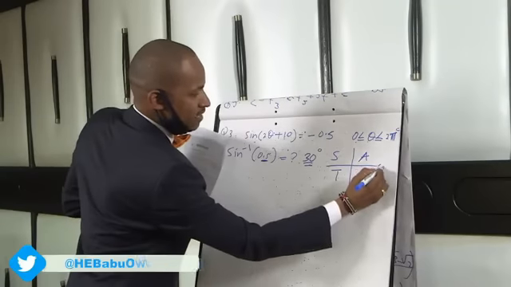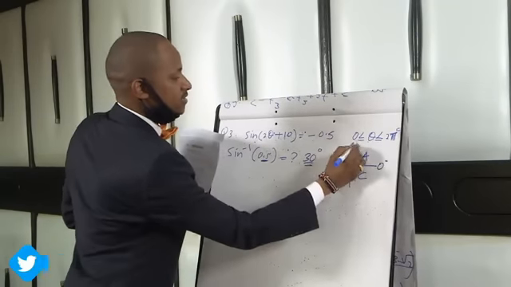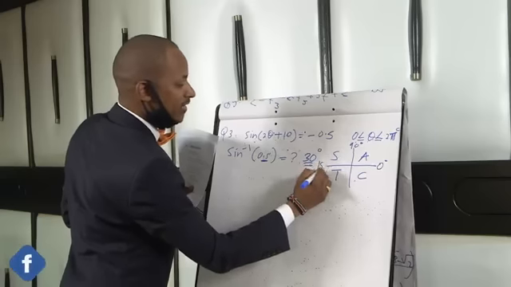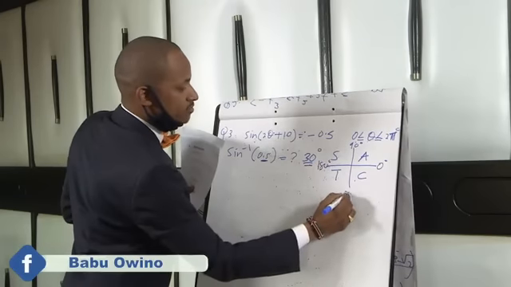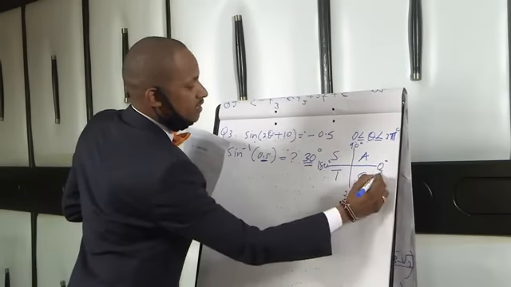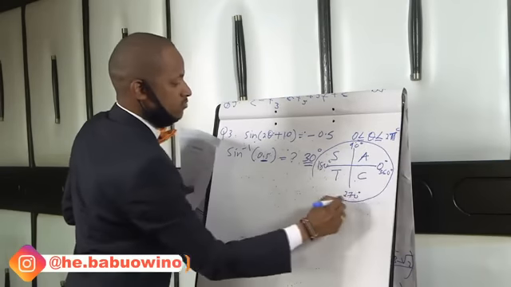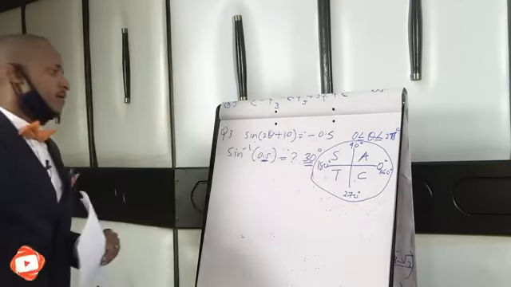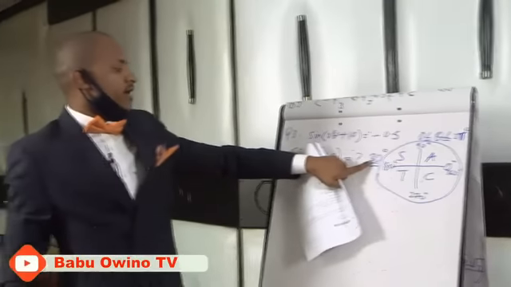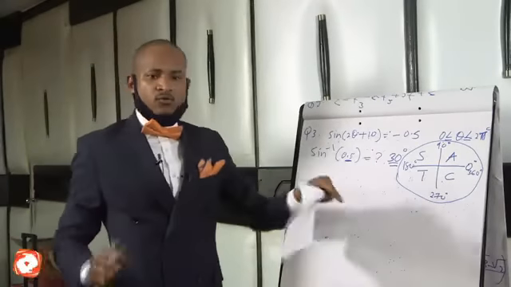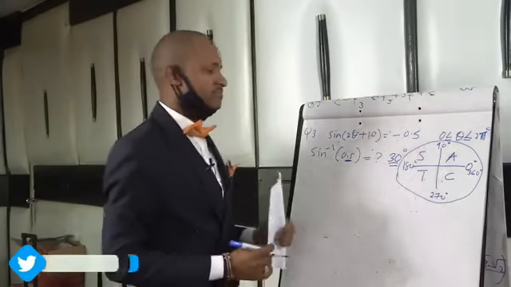So this angle is 0 degrees, this is 90 degrees, this angle is 180 degrees, this angle is 270 degrees, and this angle again is 360 degrees. So this quadrant circle, we want to find all the quadrants where the sine is negative.